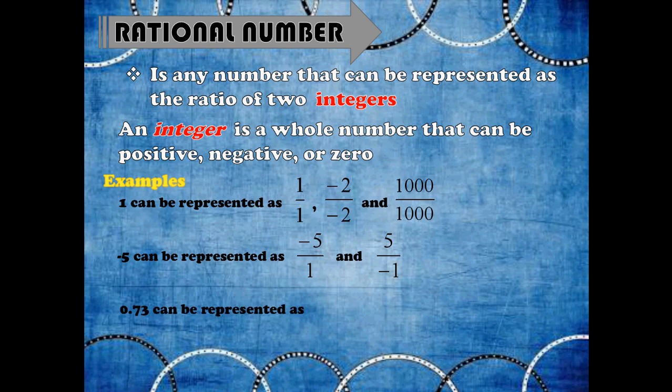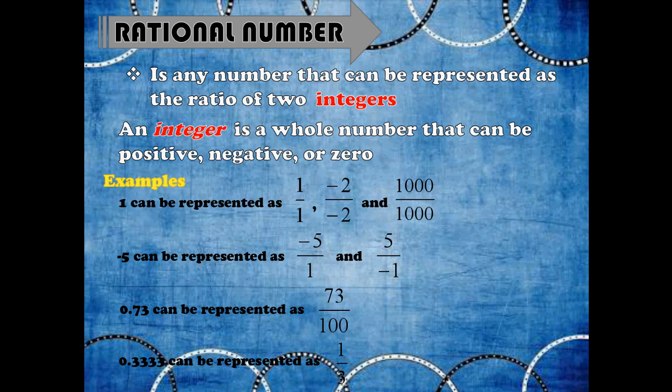Third example is 0.73, which can be represented as 73 over 100. And the last example is 0.333, which can be represented as 1/3. The third example is an example of a terminating decimal, which means the decimal value has an end.